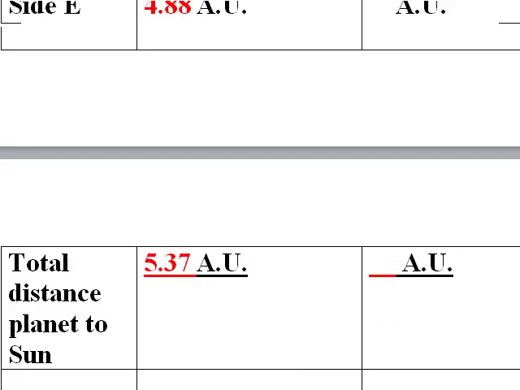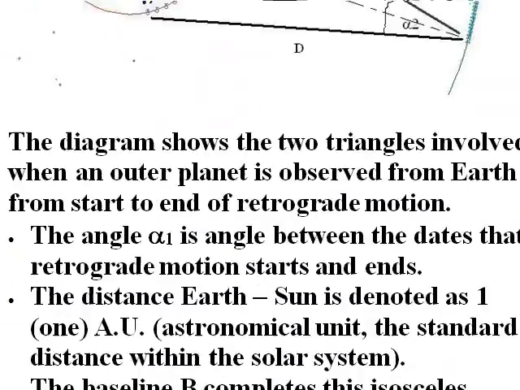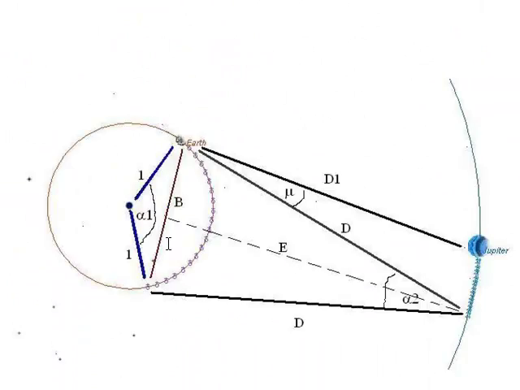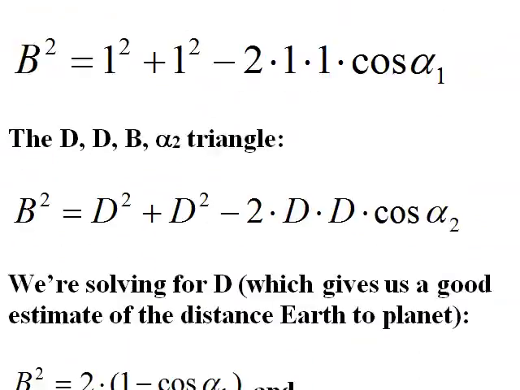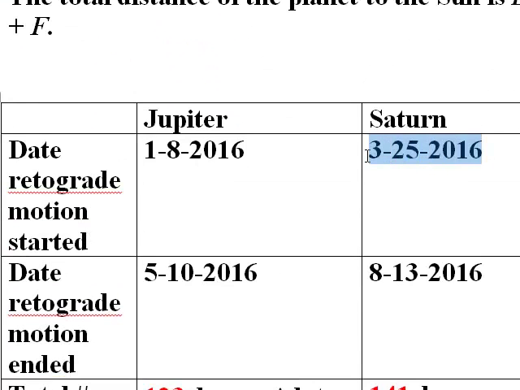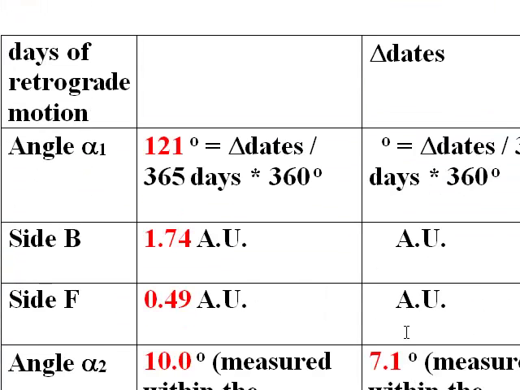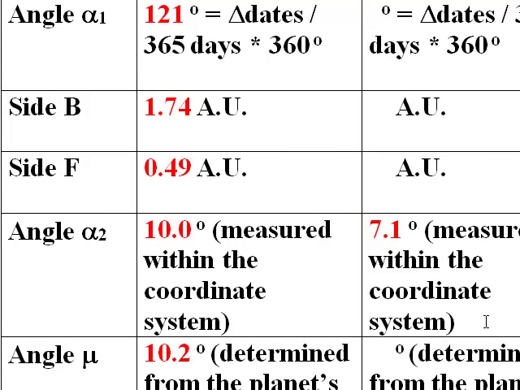Alright, so now it's your turn to do the same thing for Saturn. So the diagram here applies exactly to Saturn as well. The only data that you need are the ones that I grabbed from the software. When it starts retrograde motion, when it completes retrograde motion, and these are a number of days I come up with, and then I measured the angle of that large triangle, 7.1 degrees, directly on the screen.